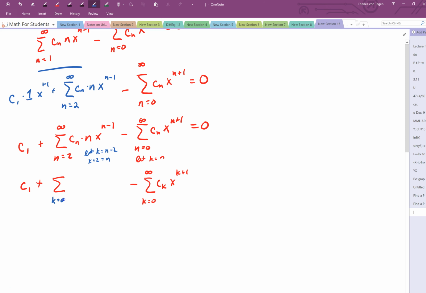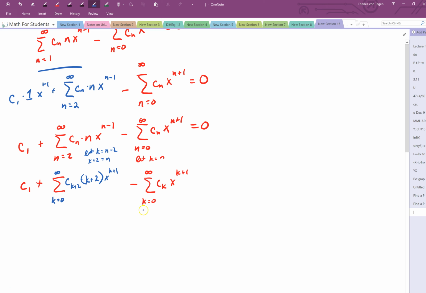So we get the sum from k equals 0, still to an arbitrarily large number of terms. And then here I'll write c of, instead of n, I'm going to put k plus 2 times k plus 2 times x to the, so when I let n be k plus 2, then n minus 1 would be k plus 1.